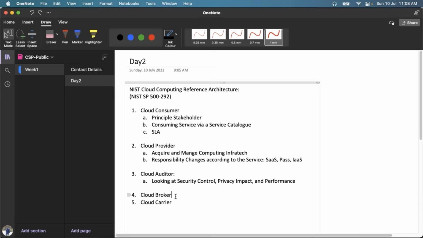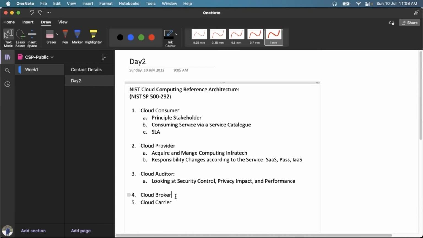We were talking about multi-cloud and all those kinds of things. Services are evolving as well. Now it is very necessary for us to consult with a cloud broker. That cloud broker will help us manage the use, the performance, and the delivery of the cloud service. And it can negotiate the relationship between the cloud provider and the cloud consumer.